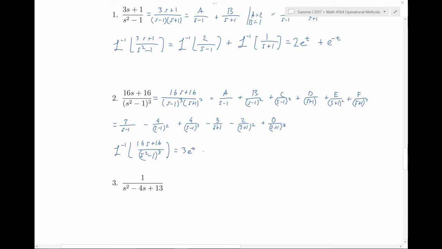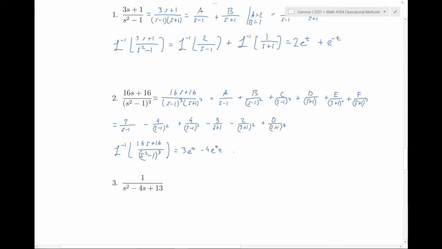So I do have minus, I will have some coefficient, and I know it's a shifted version, so it's going to have e to the t in it. If we cancel out the shift, it becomes 4 over s squared. And 4 over s squared is the Laplace transform of 4t. So I'm going to have a coefficient 4 and have a t here.